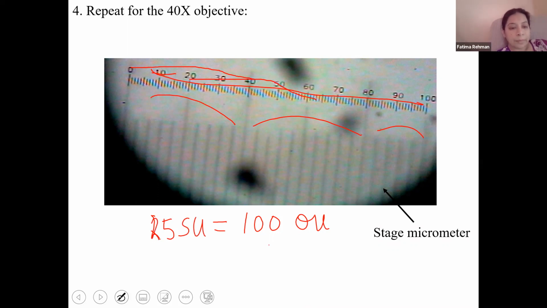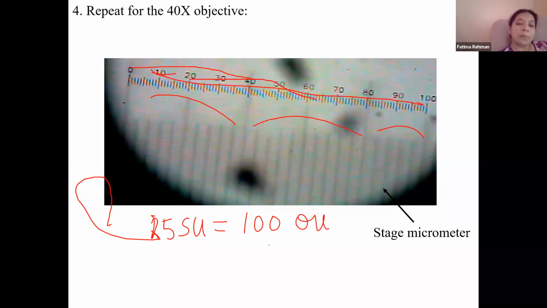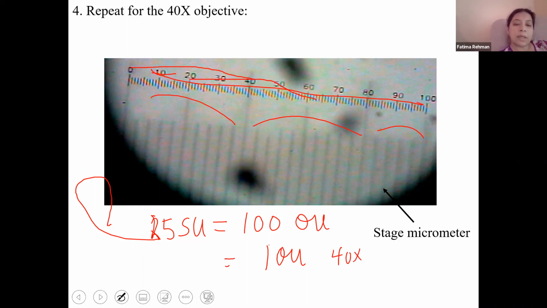Okay? Now you solve it out just like you did before and tell me what the calibration is going to be under the 40x objective lens. 1 ocular unit is going to equal how many micrometers?